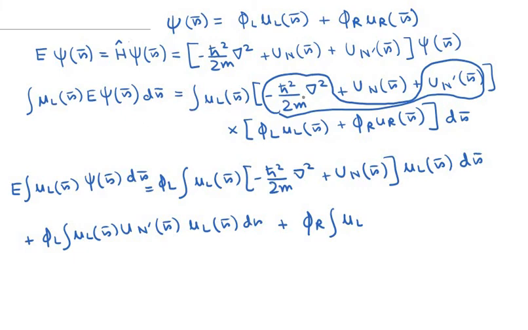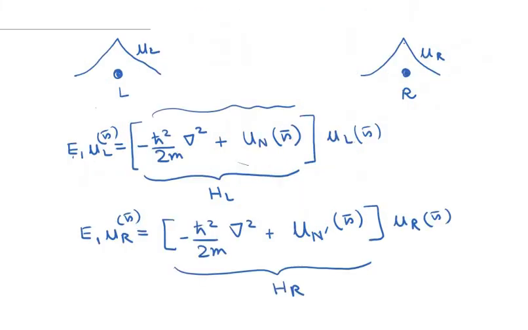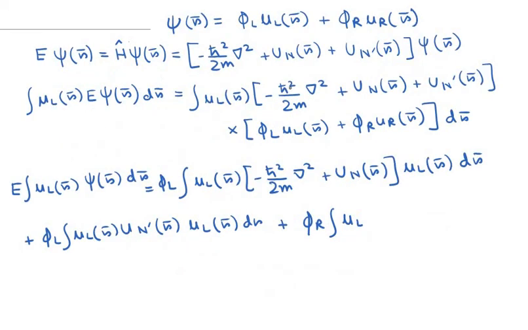Okay, so we write it here that you have an r dependence over here, then minus h bar square by 2m delta square plus un dash r.